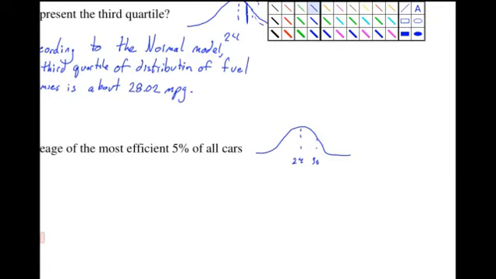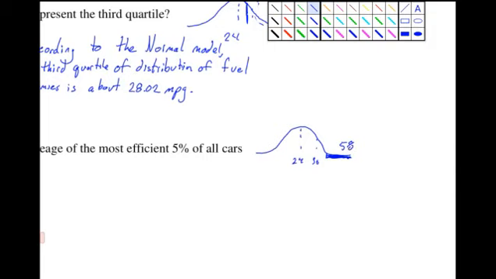We're the top 5%, so it's a small group over here. Sketch it, and it's all that above. Now, before we do the table, we don't want to use 5%. The most efficient 5% is this part. That's 5%. But remember, we shaded to the right.